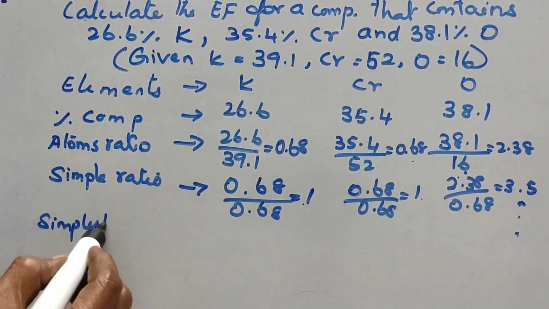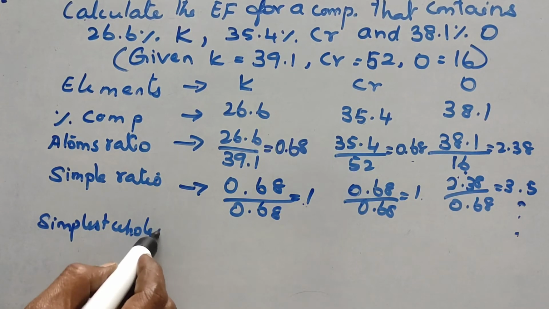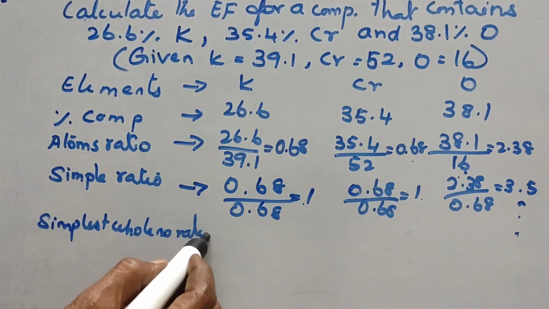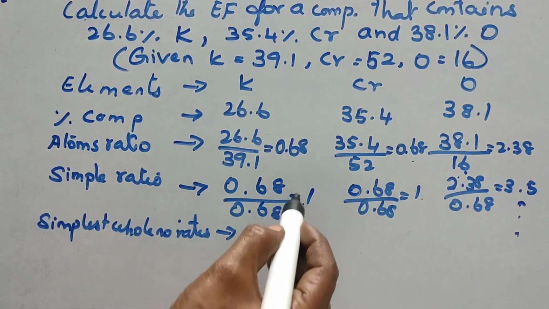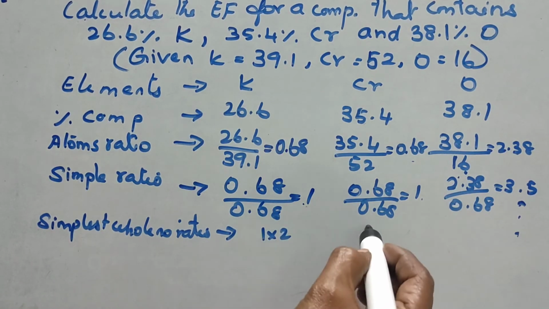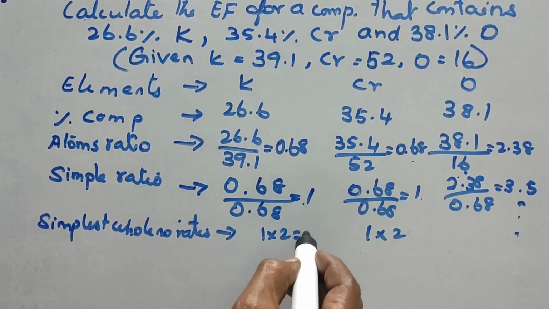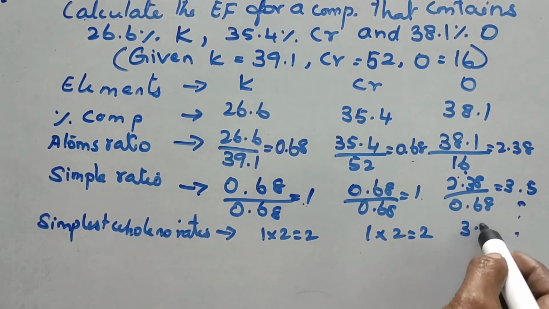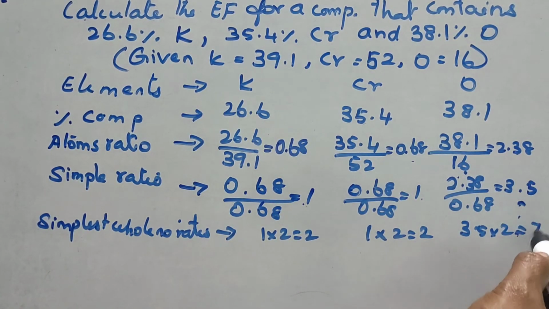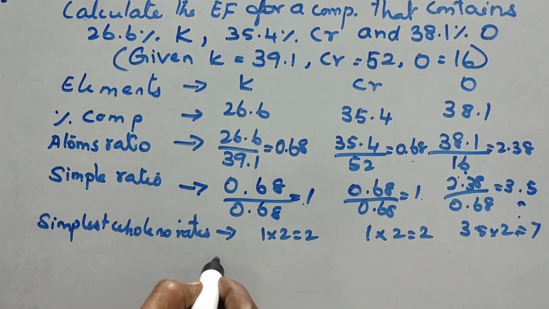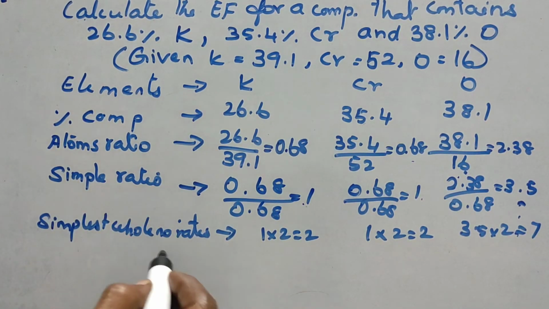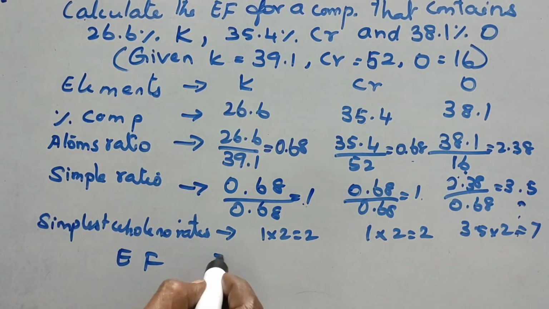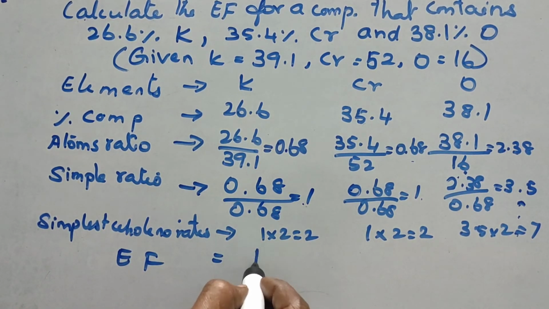So next, the simplest whole number ratio is 1 into 2, here also 1 into 2, that is 2, and here 3.5 into 2 equals 7. Now the empirical formula: what are the elements?